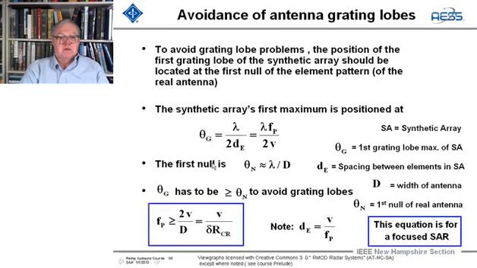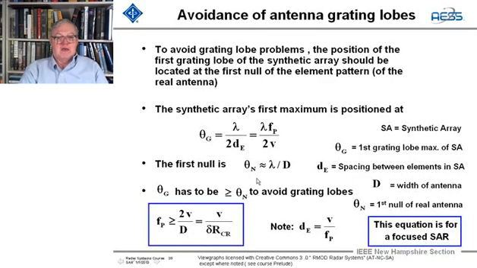So that first null is approximately lambda over capital D, and the first maximum is here. And theta G, the first grating lobe maximum of the synthetic aperture, has to be greater than the first null of the real antenna.